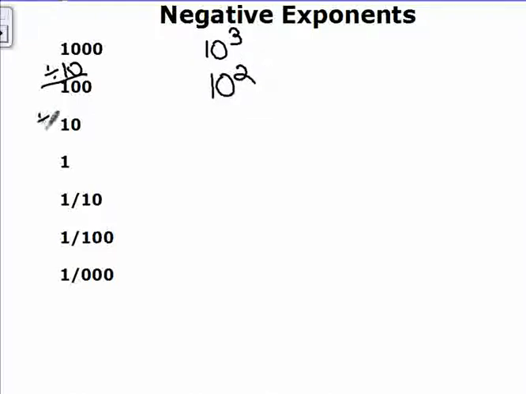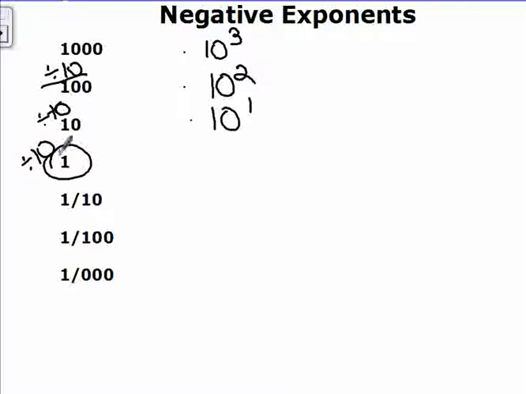If I divide 100 by 10 again, I get 10, which is 10 to the 1st power. So 10 to the 3rd, 10 squared, 10 first. I keep dividing by 10.